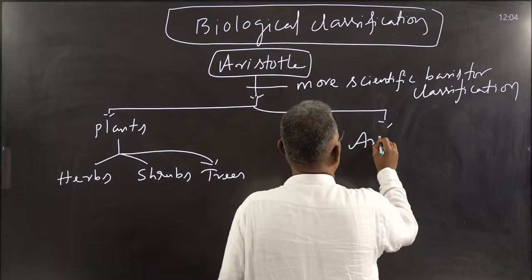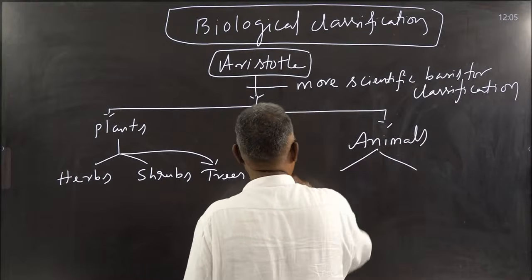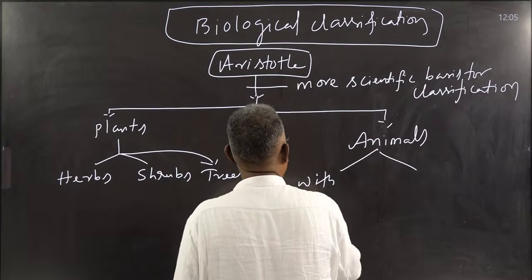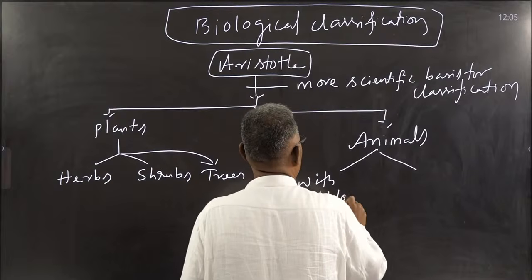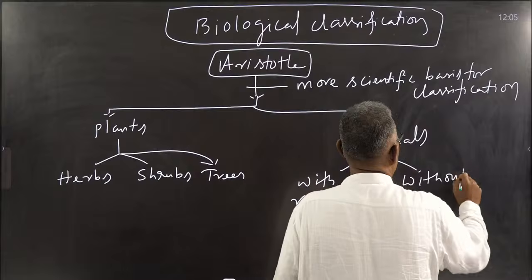Similarly, he also classified animals into those with red blood and those without red blood.